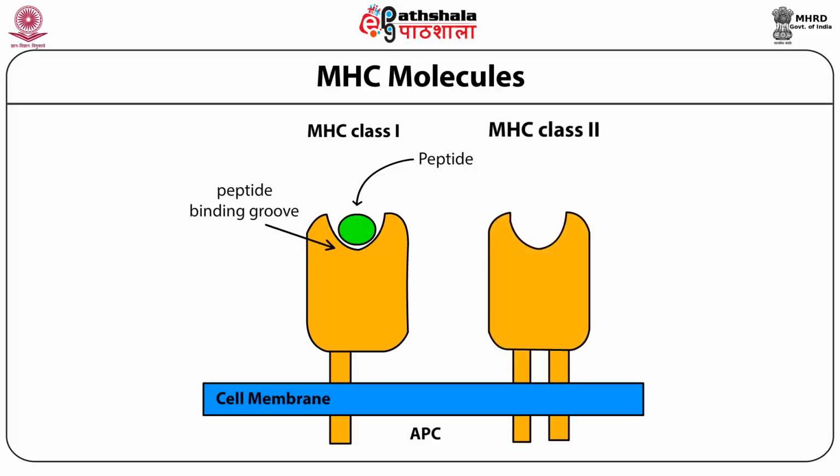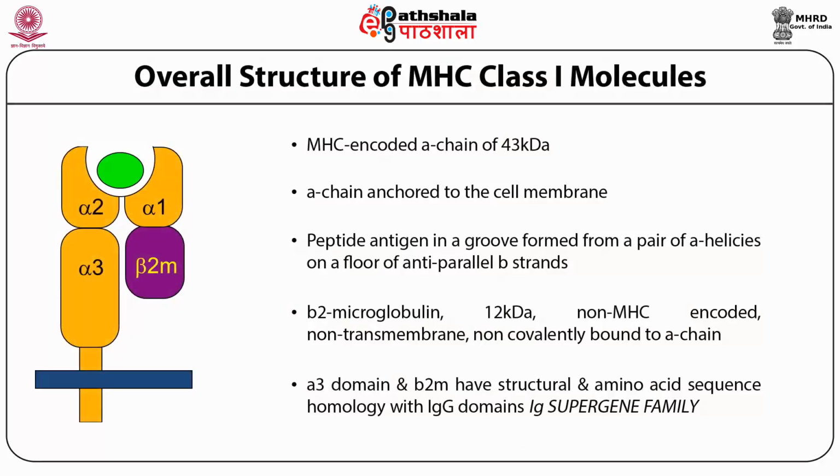When you come to the structure of the MHC class 1 molecule, it contains 4 domains. These are called alpha 1, alpha 2, alpha 3, and they all contain a single polypeptide chain.